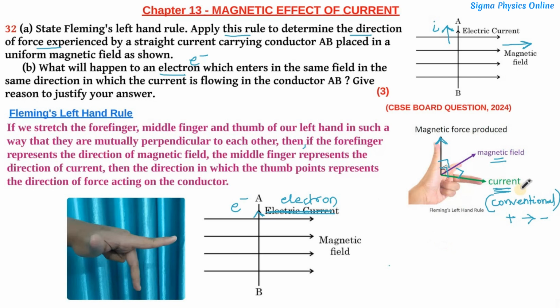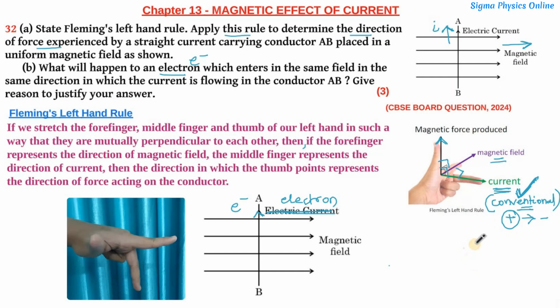Now, as I have said to you earlier, the current which we are considering in case of Fleming's left hand rule is the conventional current, which is due to the flow of the positive charges and not the negative charges. So in which direction the positive charges will flow, we will point our middle finger in that direction.